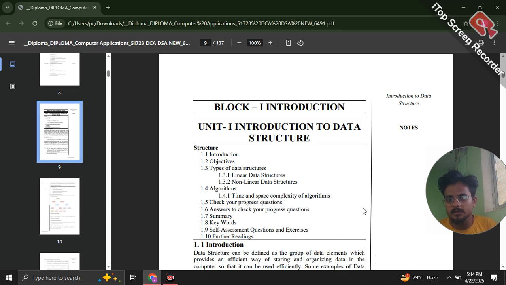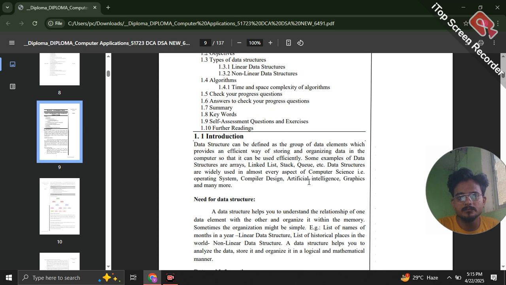So this is called organizing, means how data will be stored. Okay, so this is called storing and organizing data. Means you just have to look at the vegetables, and by visualizing the vegetables you just have to keep them in the two buckets. So this is called data structure, storing and organizing.